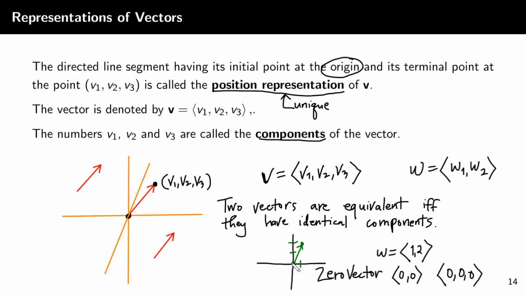The initial point and the terminal point are the same, which is the origin, and you can think of that vector as pointing in any direction. So the zero vector is the only vector which you can consider as pointing in any direction, and its magnitude is 0. We will denote the zero vector by the bold-faced 0, to distinguish it from the number 0.